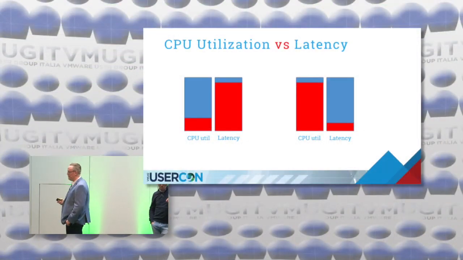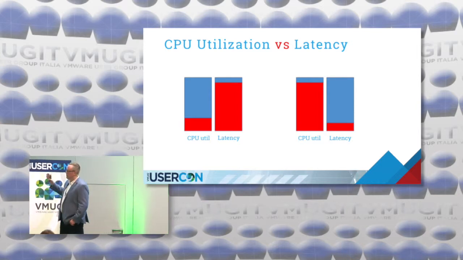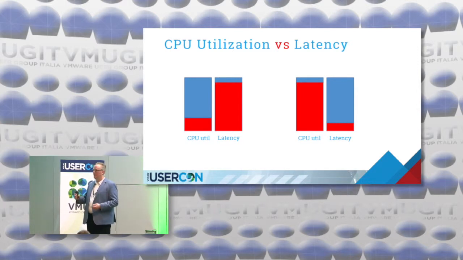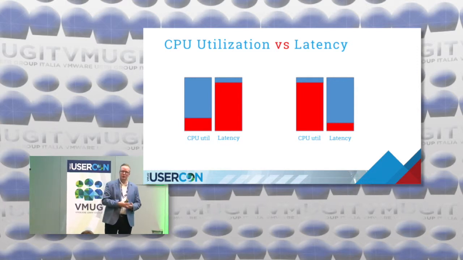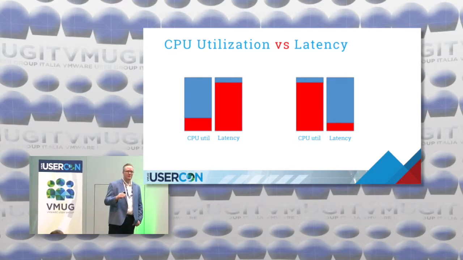You'll have a lower CPU utilization, but at the cost of a slightly higher latency. For your typical workloads, that's perfectly fine. Again, if you look at NFV platforms or high-frequency traders, they don't mind so much about consolidation ratios. They are willing to sacrifice CPU utilization to get as low a latency as possible, right?